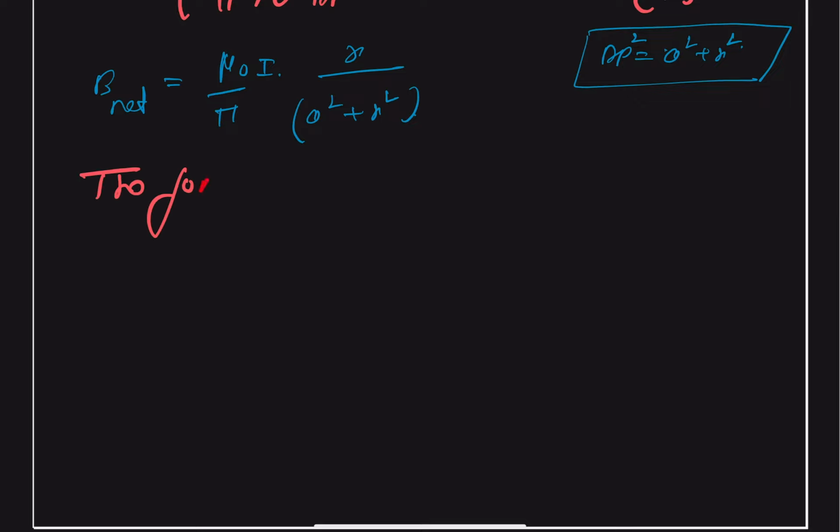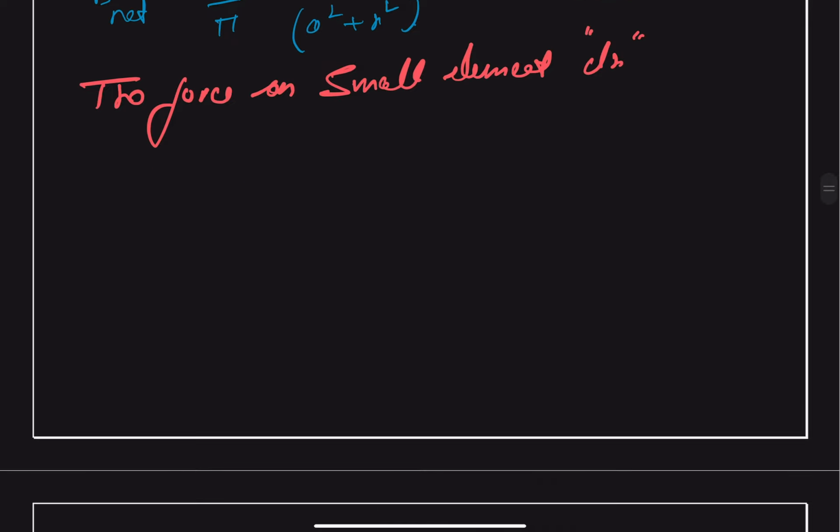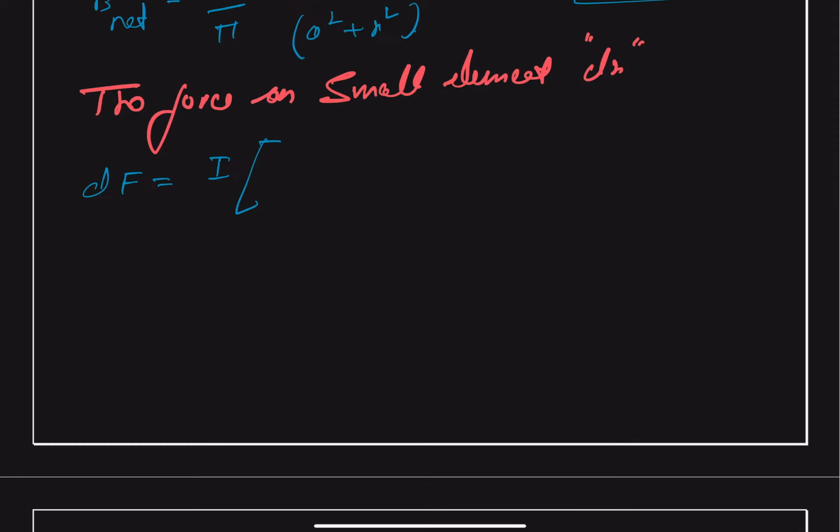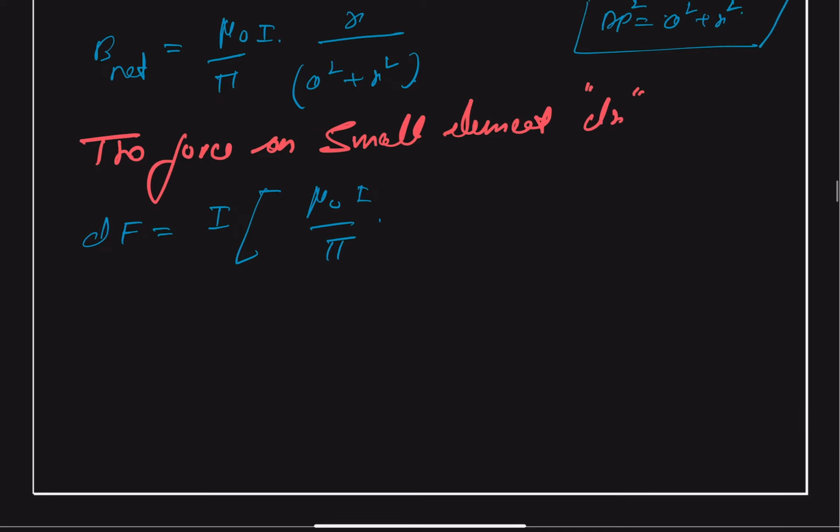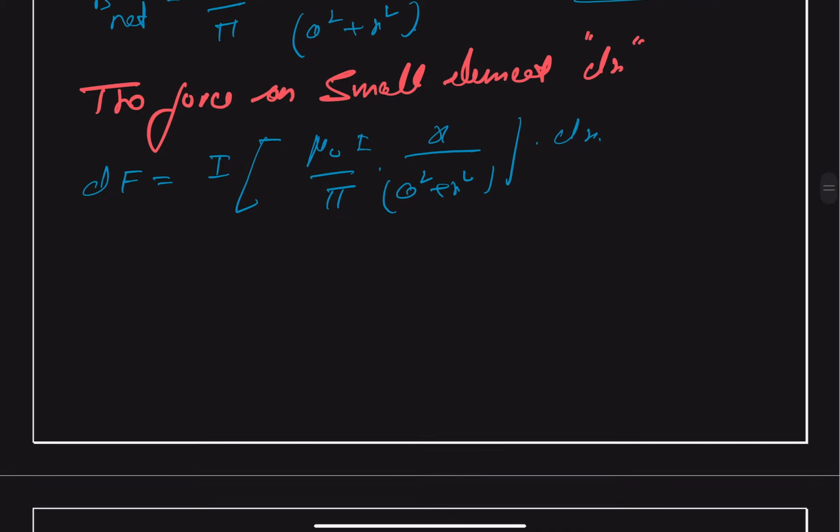We get our dF is equal to I, and we have just found out our magnetic field, that is mu naught I upon pi, and we have x upon A square plus x square, multiplied by dx, and this force will be in our negative z direction.